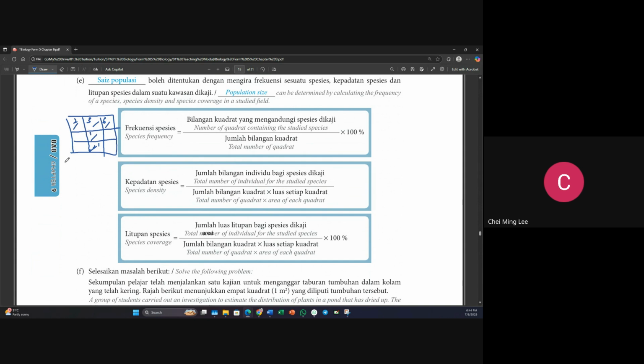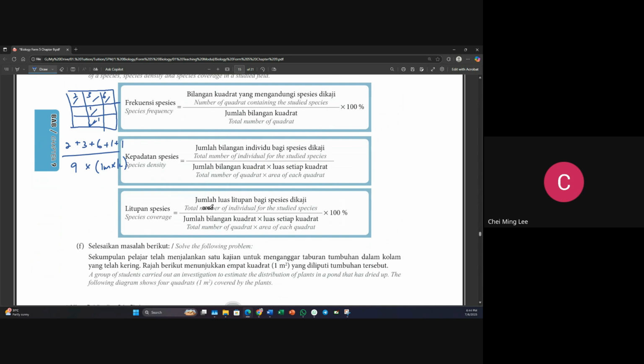So what we do is 2 plus 3 plus 6 plus 1 plus 1 divided by the number of quadrants, 9, times the area of each, which is 1 meter times 1 meter. This is how.